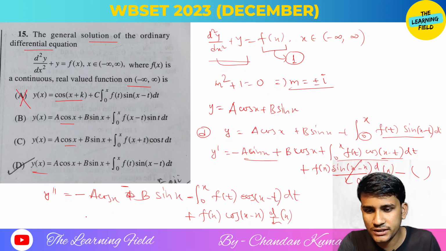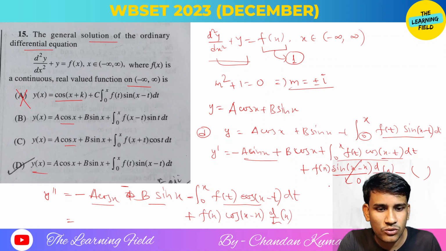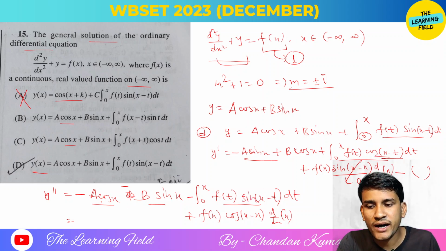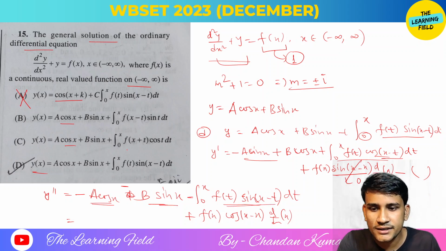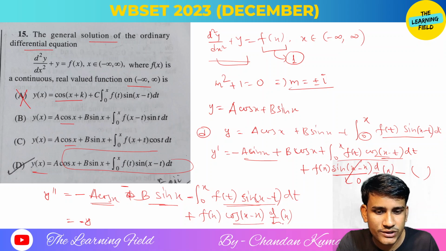Now this is equal to minus a cos x minus b sin x minus the integral. Here it is sin, not cos, because it is cos here so it becomes sin again. So minus a cos x minus b sin x minus this integral, and this is y again, so we put minus of y plus f(x) into cos 0, and this is 1, so plus f(x).